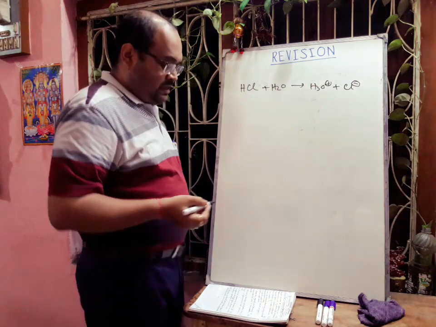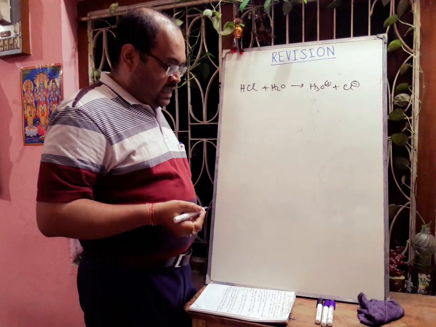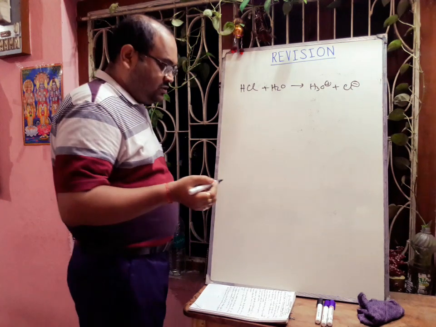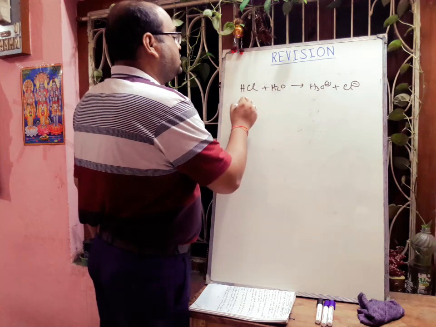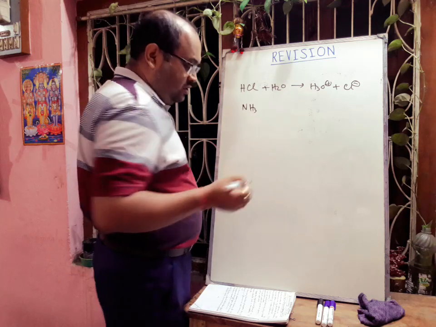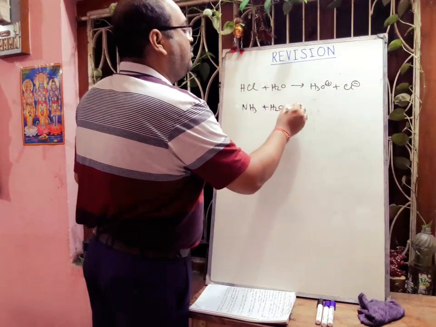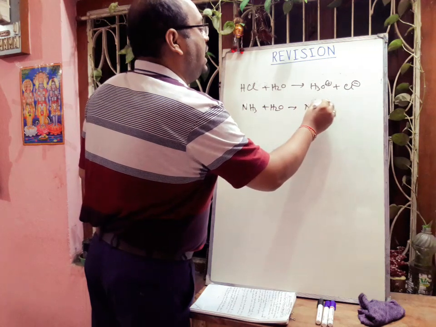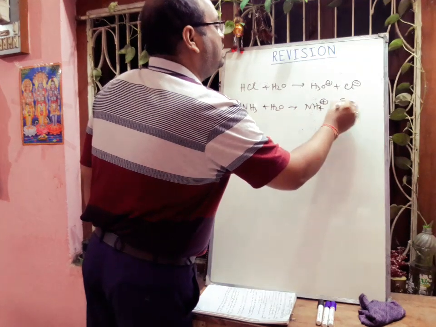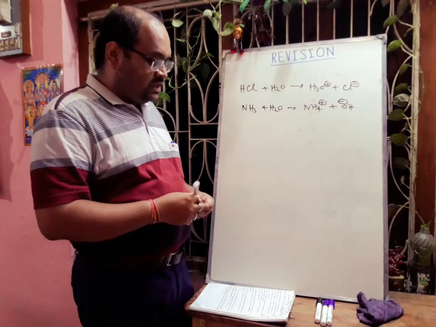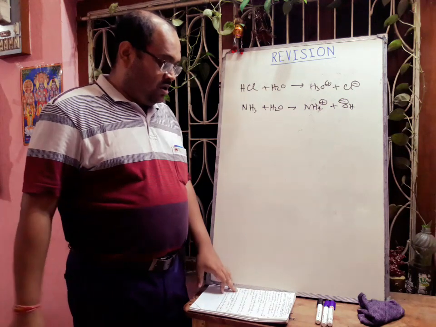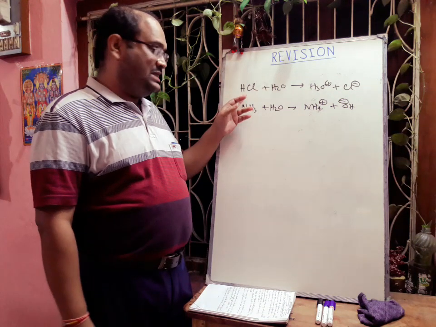So here it is producing ions. Another compound I can show you is ammonia. This is also a polar covalent compound that will react with water, forming NH4 plus and OH minus. So the answer to question number 2 will be these two compounds: one is HCl gas, another is ammonia gas.